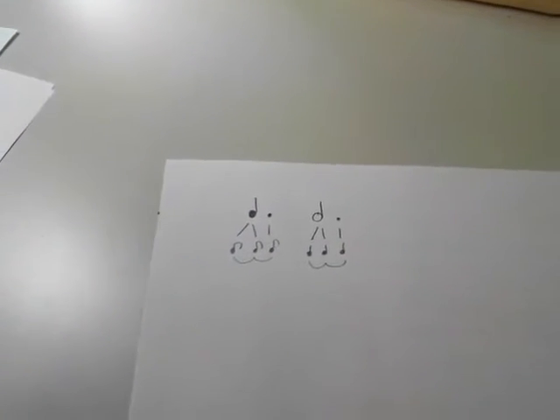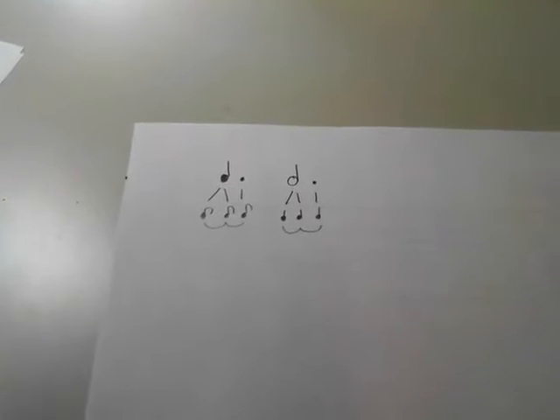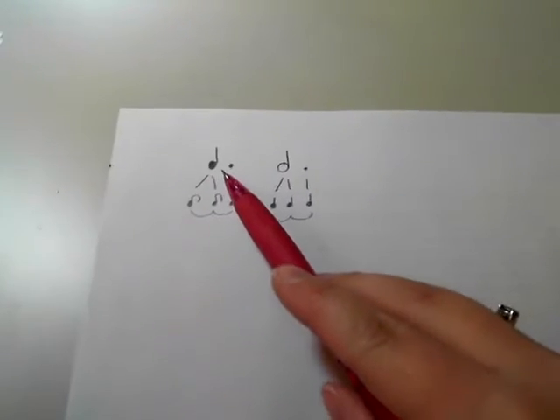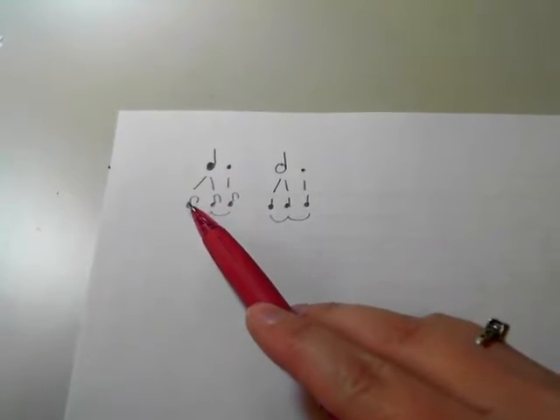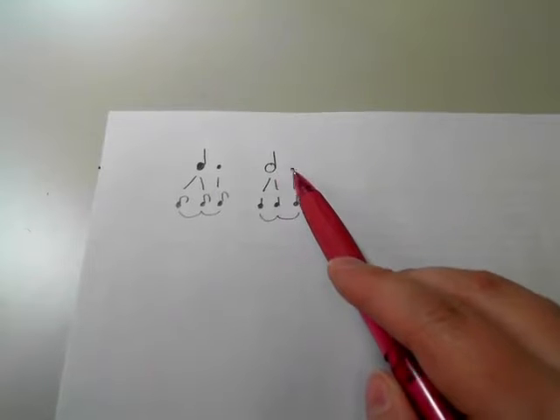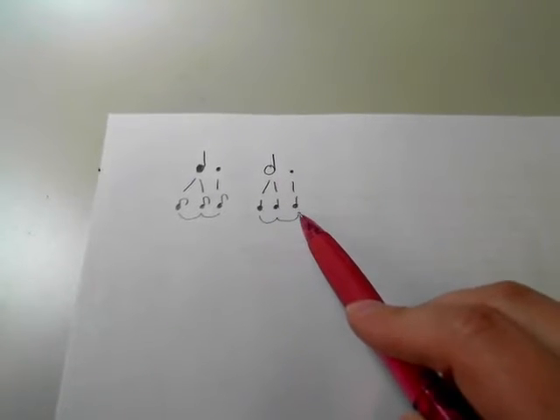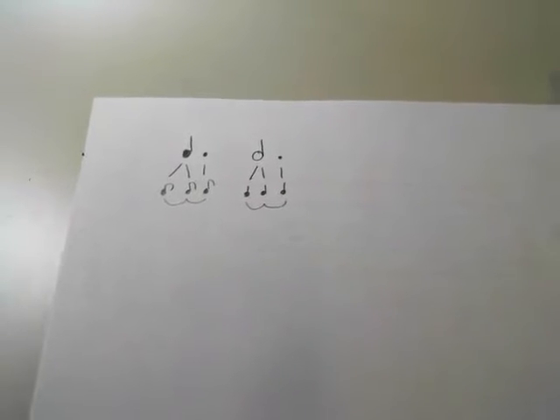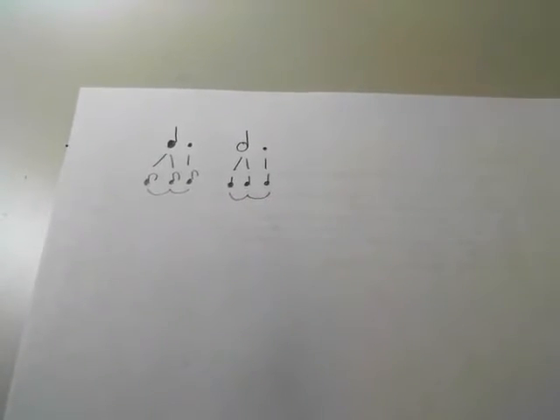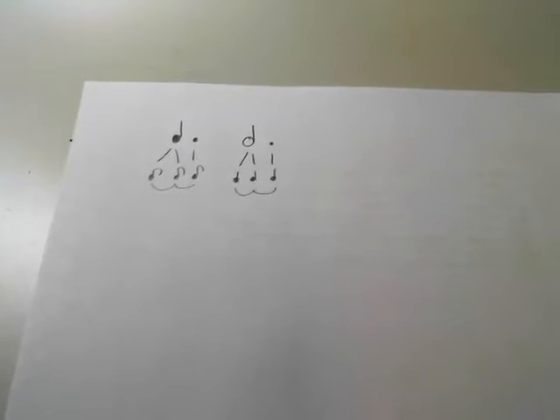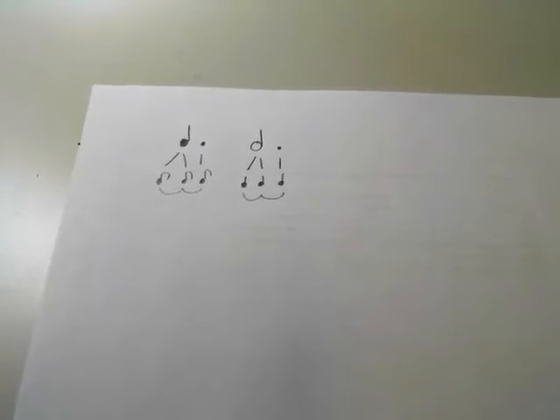I'll show you what I'm talking about. So here I have a dotted quarter note. A quarter note with a dot on it is the same as three eighth notes tied together. A half note with a dot on it is the same as three quarter notes tied together. So just by definition, anytime you have a dotted note, that note can be equally divided into three equal parts, not two.